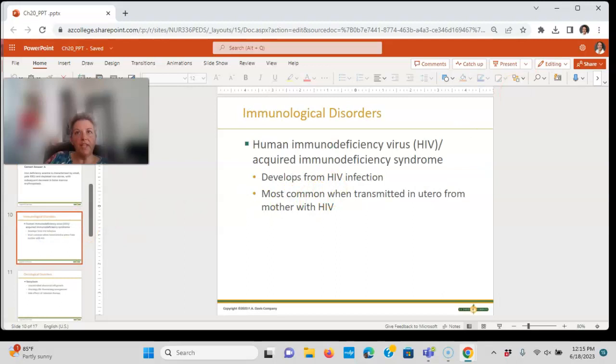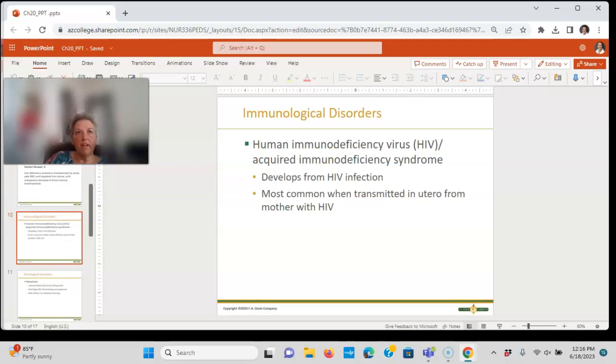All right, HIV. AIDS develops from HIV infection, which is most commonly transmitted to kids in utero with a mom who has HIV. Using preventative medicine during pregnancy can reduce the risk. So age 13 to 24 accounts for 22% of the new HIV cases, and most new cases were among gay and bisexual males.